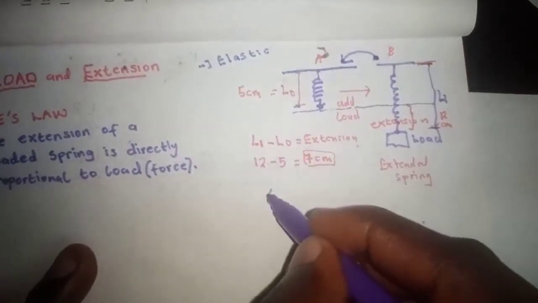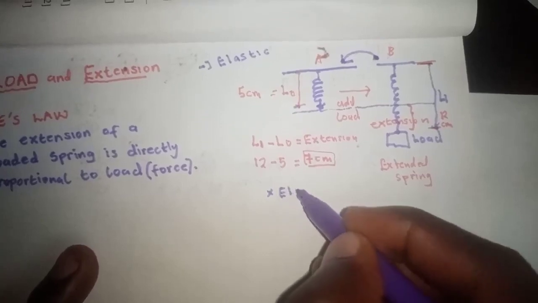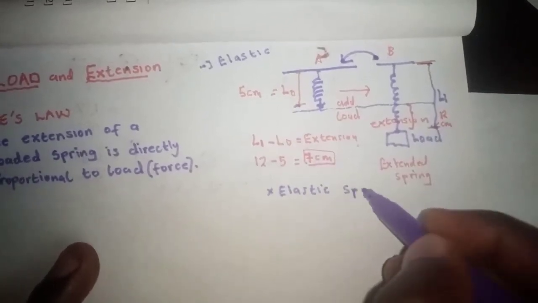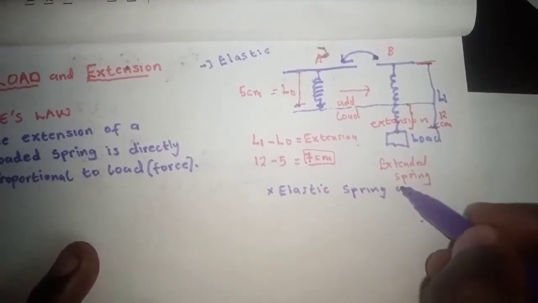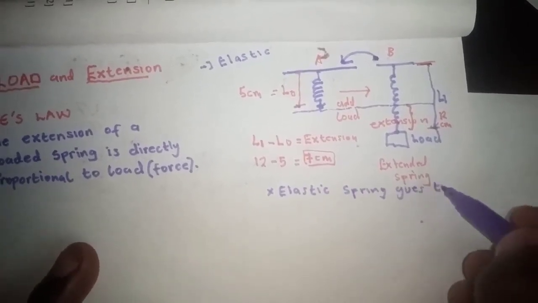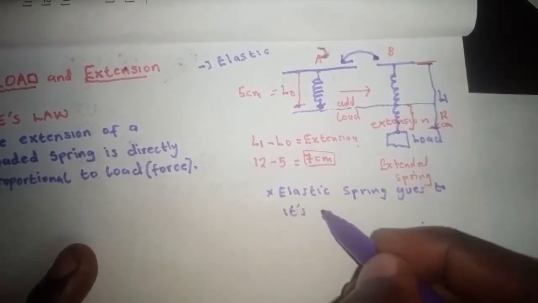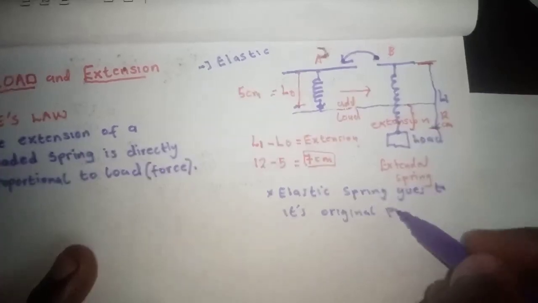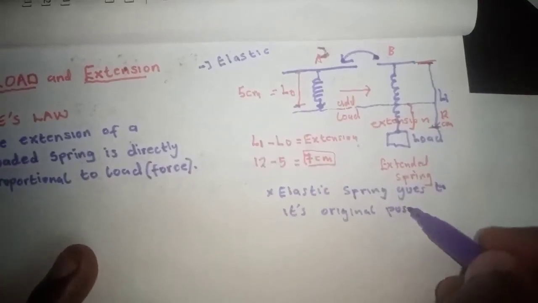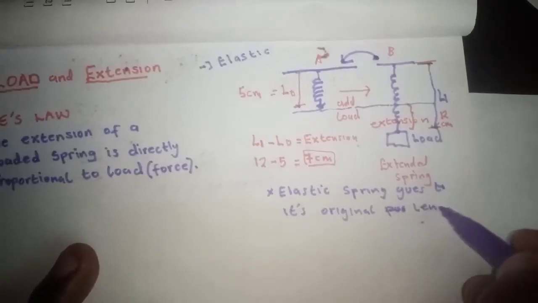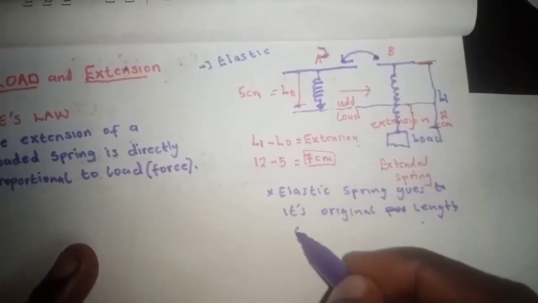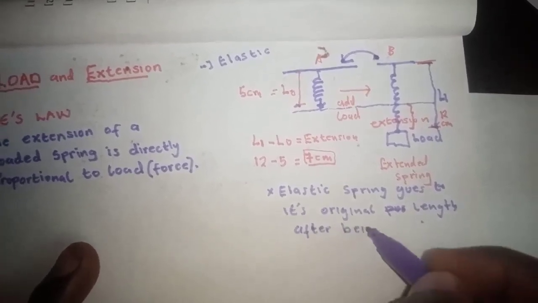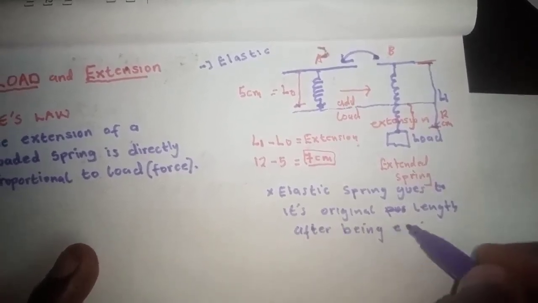So an elastic spring goes back to its original position, or let's say original length, after being extended.